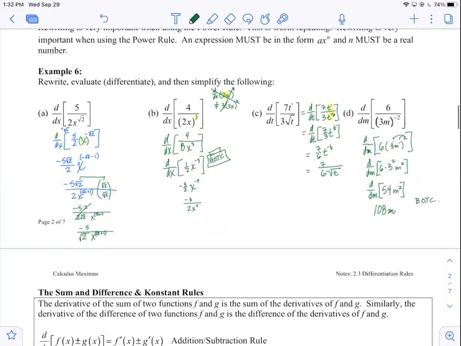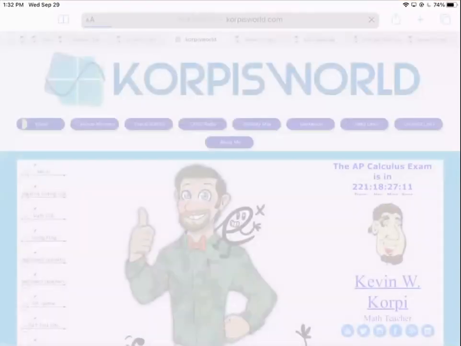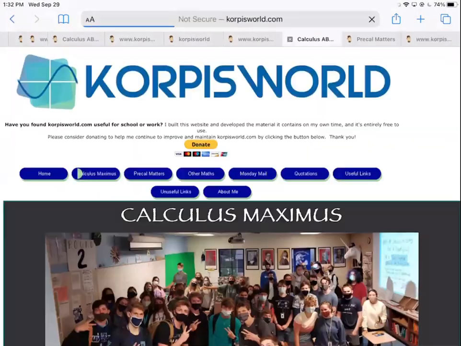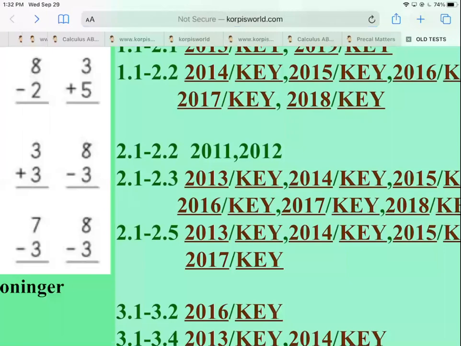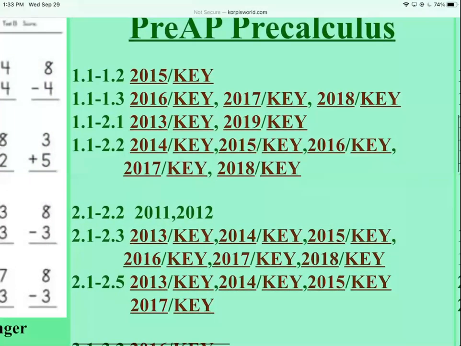All right, we'll stop right there in the notes, and then you won't have that. But look, I just pulled the one test up. This is the most recent test. I forgot what I opened.